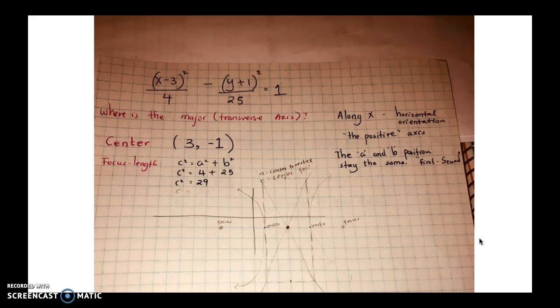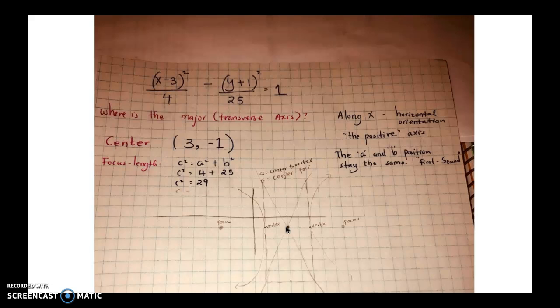And then the next thing I asked myself, where is the center? Well, the center was at (3, -1), because I just grabbed that 3 from right there, and the -1 from the k that's attached to the y. And then after that, I said, okay, let me start using the information that I know in order to graph. So I go ahead and find (3, -1) as the center point.